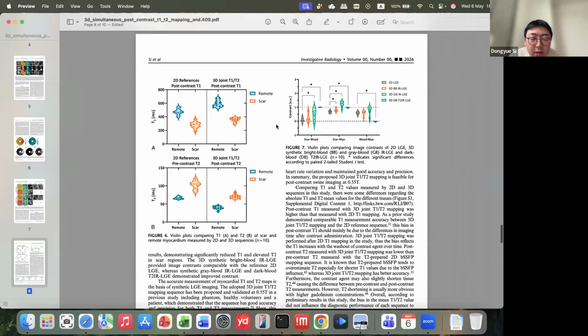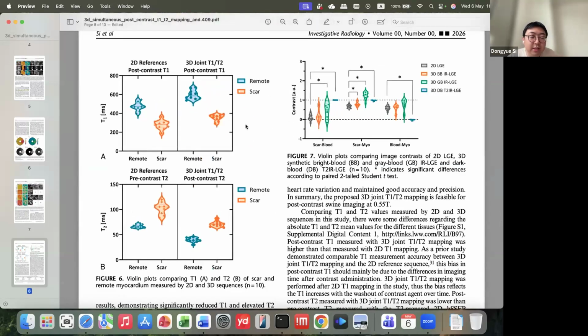We also did some quantitative analysis of the T1 and T2 values of different tissues. The 3D joint T1 and T2 mapping has consistent results with the 2D T1 and T2 maps. Both show significantly reduced T1 in the scar compared to remote myocardium, and increased T2 in the scar compared to the remote myocardium.